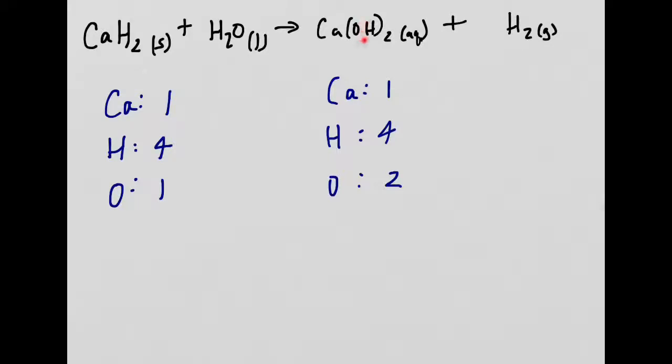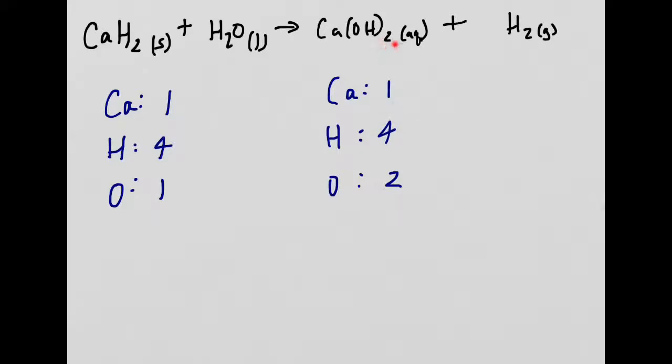And then we also have 1 hydrogen atom in here, but there's a subscript outside of the parentheses indicating that you actually need to distribute this 2 to each piece that's inside the parentheses. In that case, we're going to have not only the 2 hydrogens, but 2 oxygens associated with this as well. So if it's 2 hydrogens here, and then you have 2 of them here, altogether you get 4.